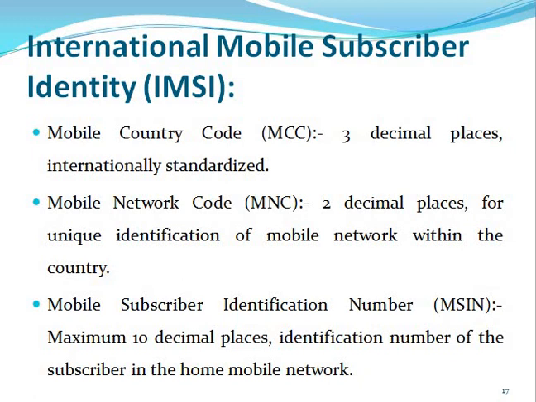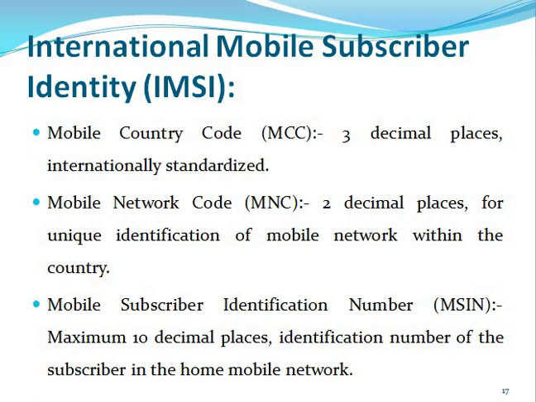Second is the mobile network code, 2 decimal digits, uniquely identifying the mobile network within the country. Then next is the mobile subscriber identification number, a maximum of 10 decimal digits, identifying the subscriber in the home mobile network.